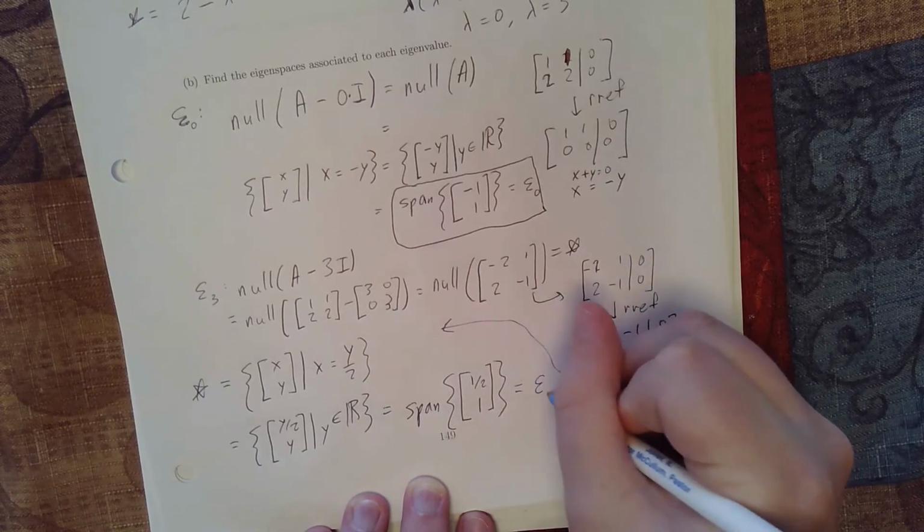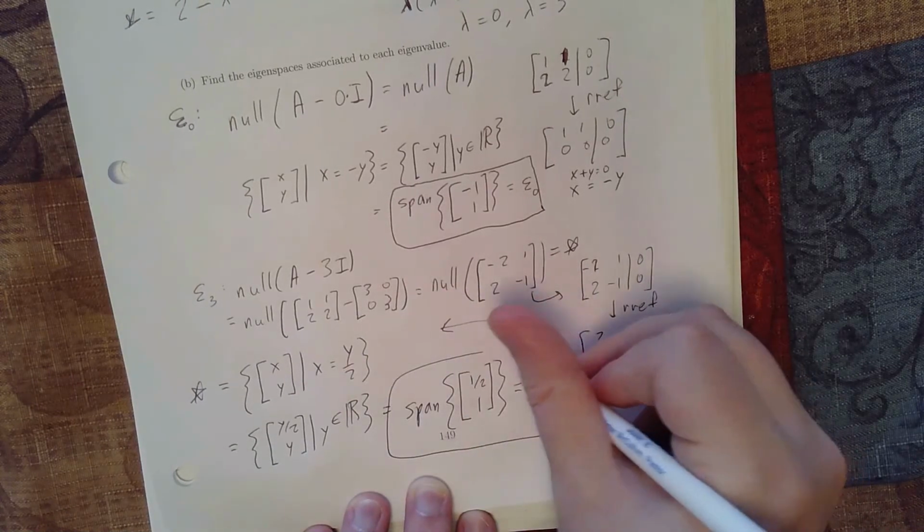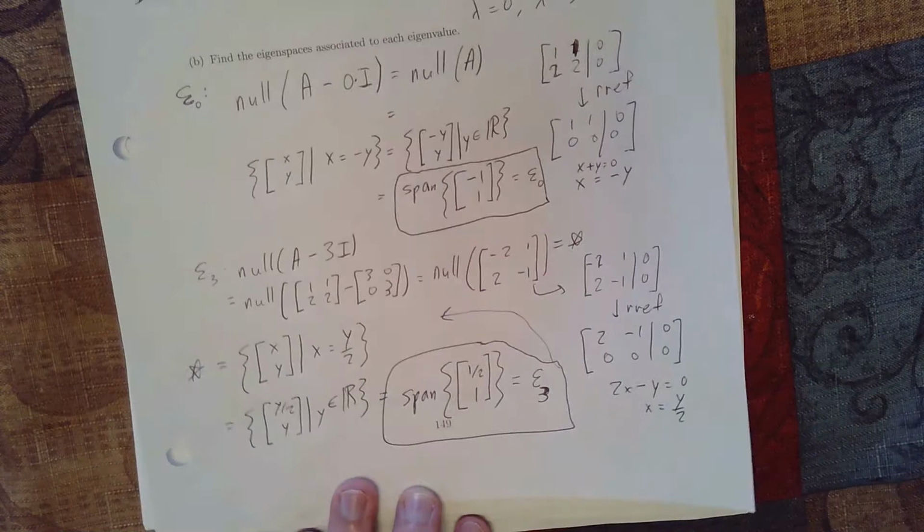So that'll be our eigenspace associated with the eigenvalue of 3.